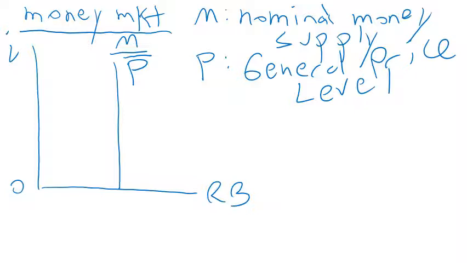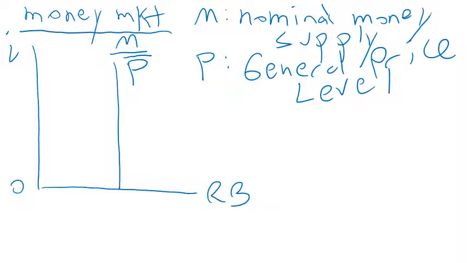So initially, money supply changes will only be due to changes in the nominal money supply, which is in the hands of the Fed. And later, I will get rid of this assumption that the general price level is not able to fluctuate. And there we're going to see a whole different story.